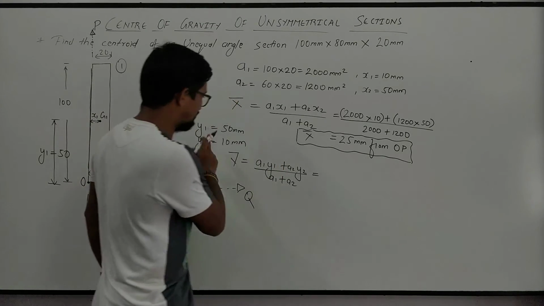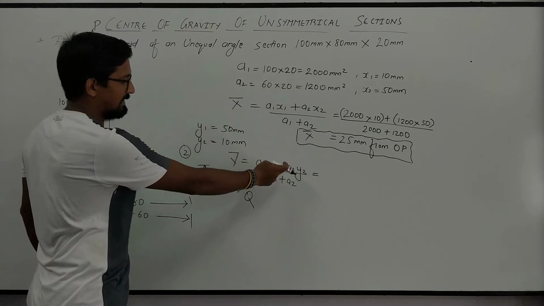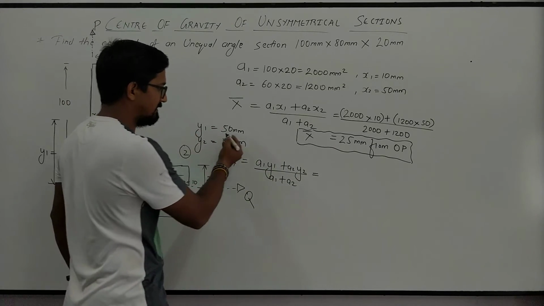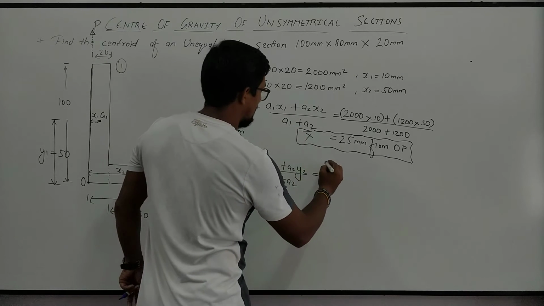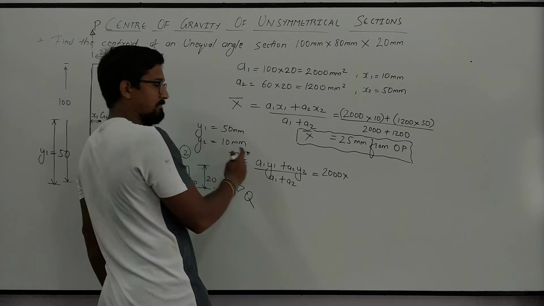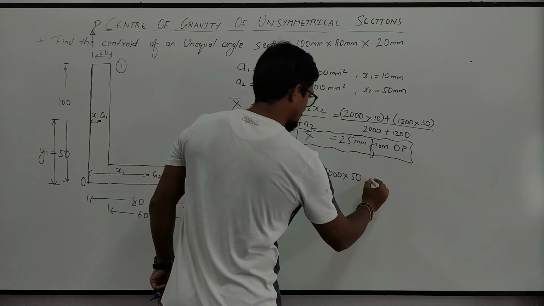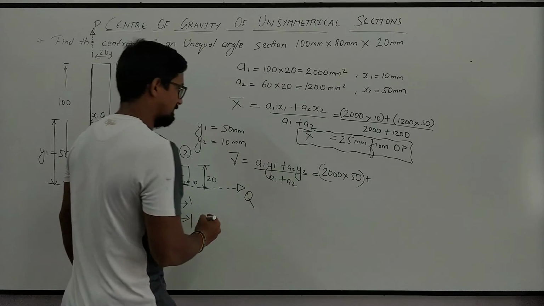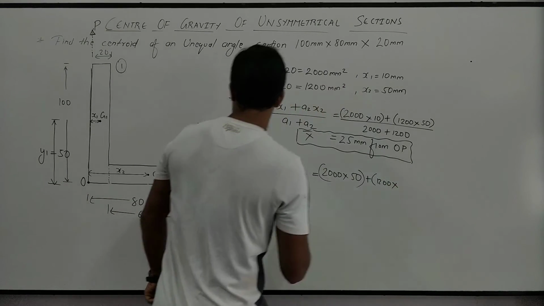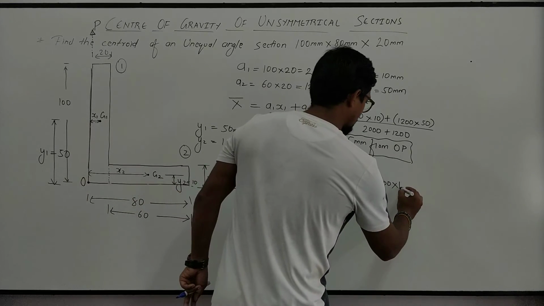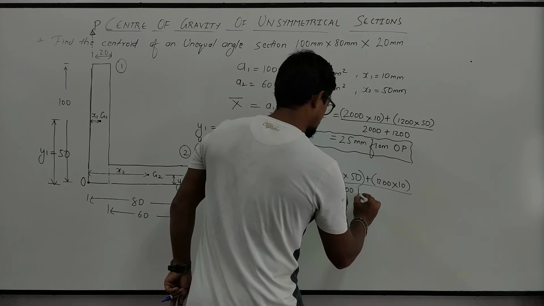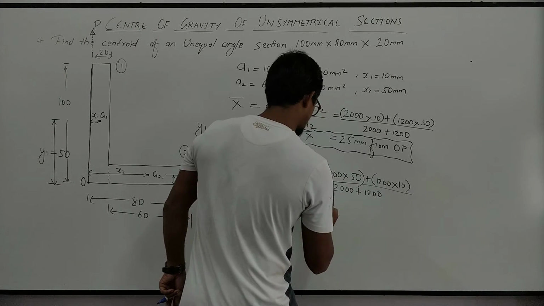Now we can put the values. A1 and A2, area of section 1 and area of section 2, we have already got, and y1, y2 we have just calculated. So A1 is again 2000, y1 is 50 mm, plus A2 is 1200, y2 is 10, divided by 2000 plus 1200.